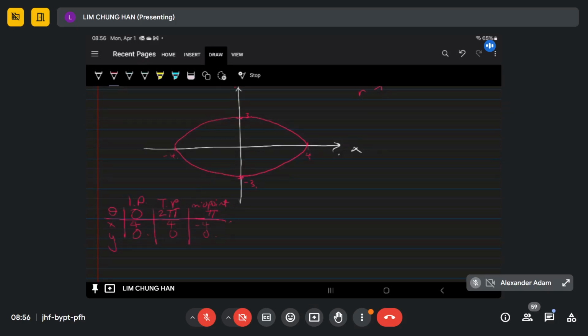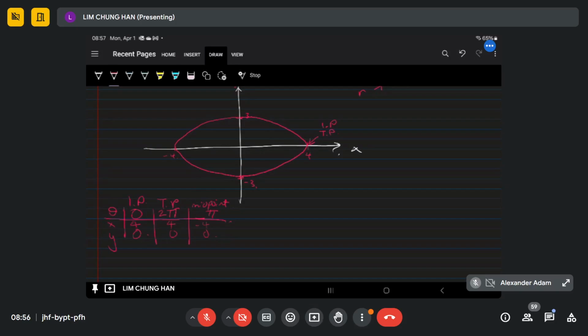Now, you notice here, IP and TP are the same point. So that means it starts its journey here, and it finishes its journey at the same place where it started. The initial point and terminal point are the same place. 4, 0. So now we need to know which direction it's going.